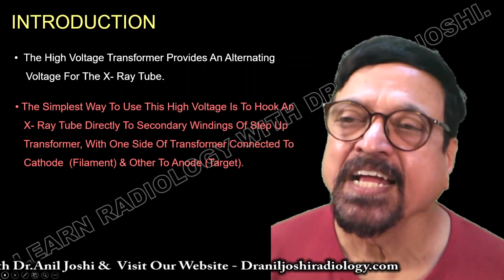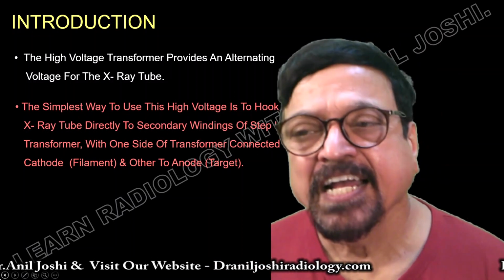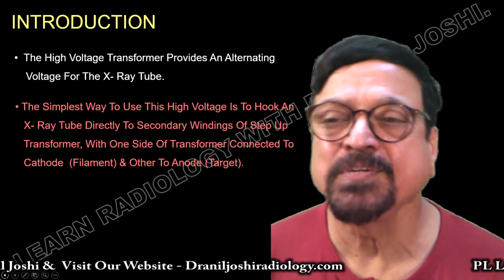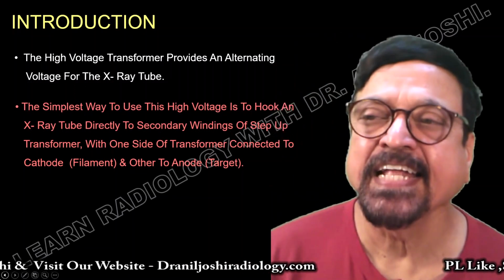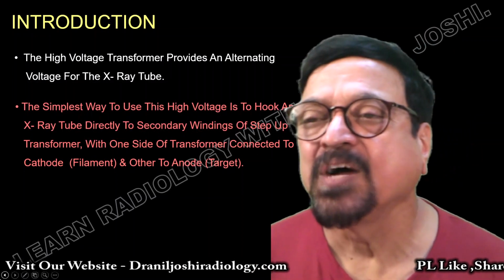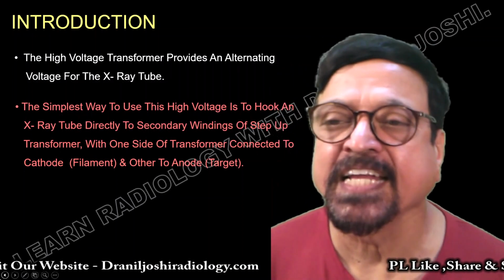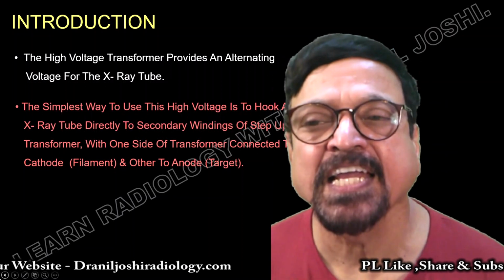The simplest way to use this high voltage is to hook an X-ray tube directly to the secondary windings of a step-up transformer, with one end of the transformer connected to the cathode, that is the filament, and the other to the anode.